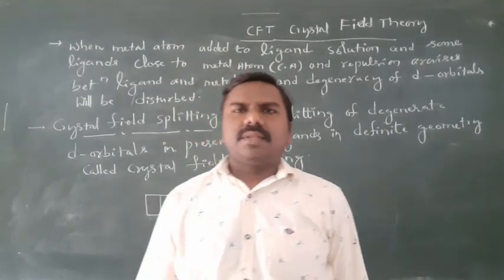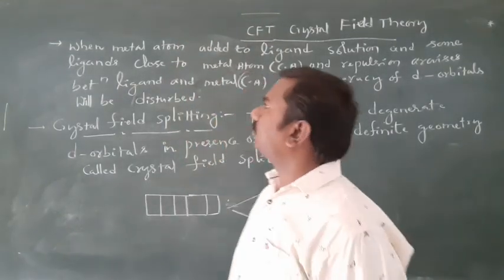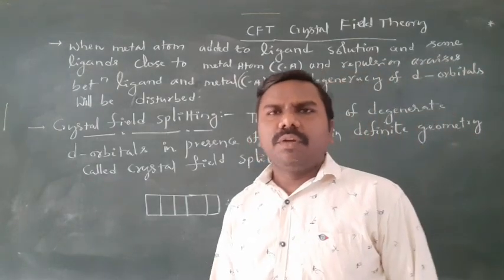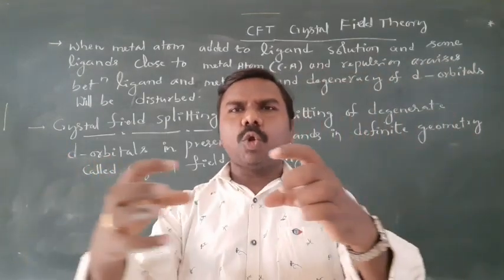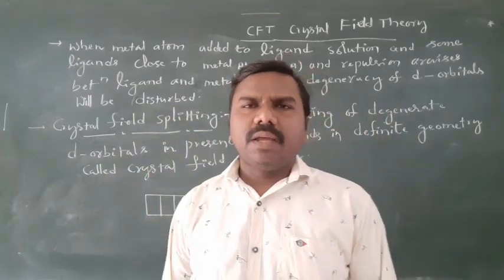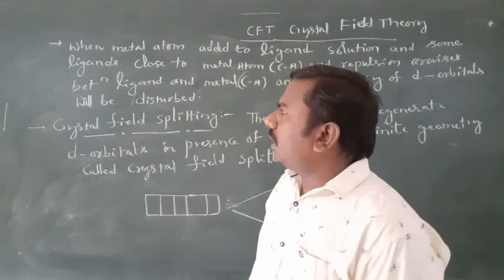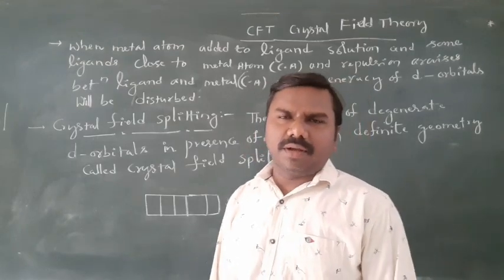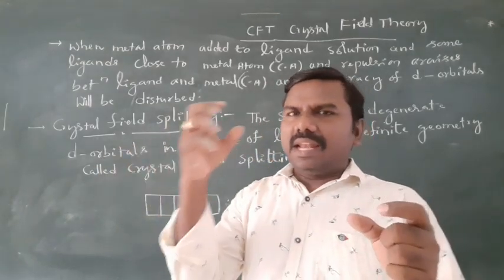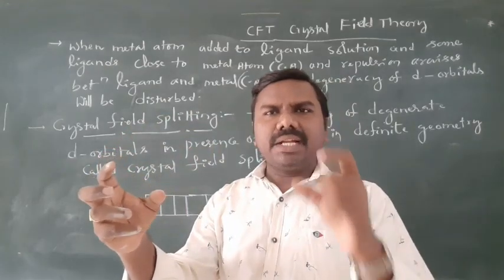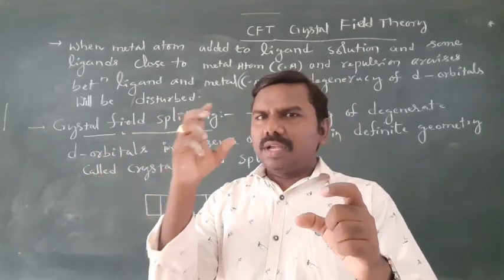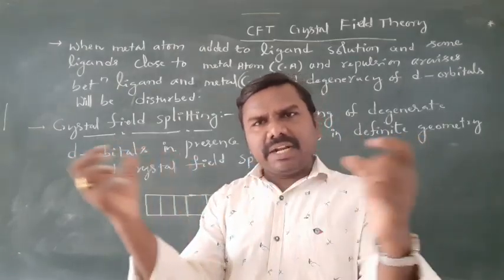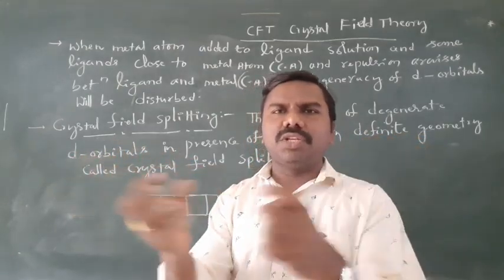Okay students, the next point is: when a metal atom is added to the ligand, a few ligands come very close to the metal atom, and there is a disturbance in the degeneracy of the d orbitals. It means ligand electrons and metal d orbital electrons, negative charge and negative charge, will repel each other.